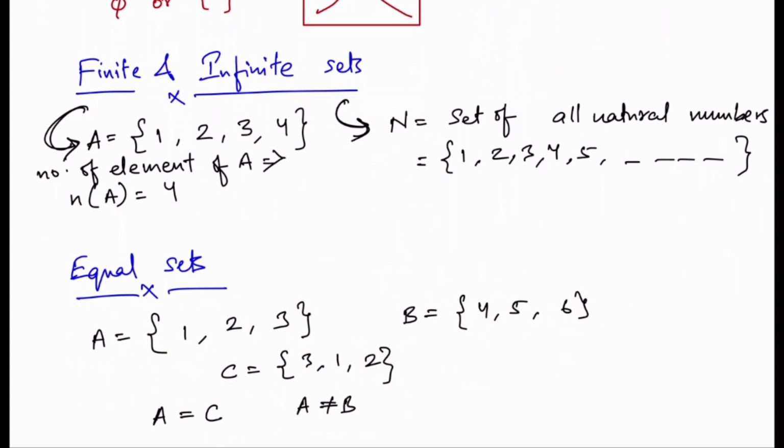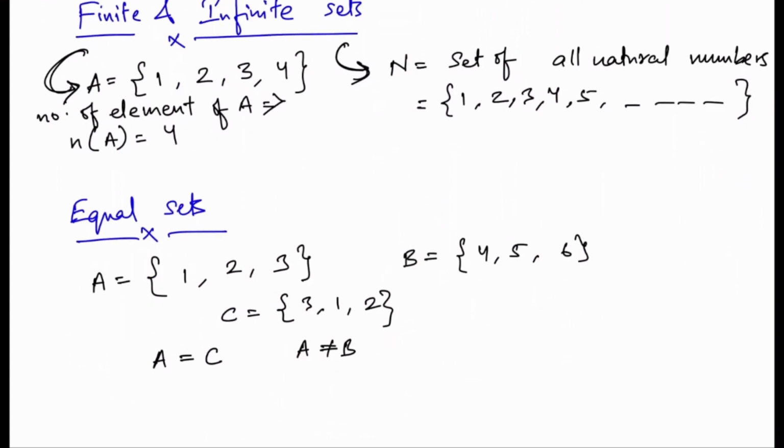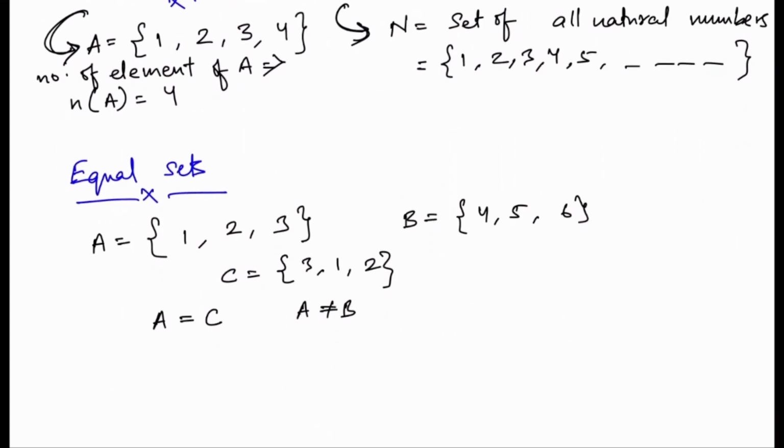So this was the discussion up to types of sets. Now we will see another thing, a singleton set. There is a small type called the singleton set. What is a singleton set?